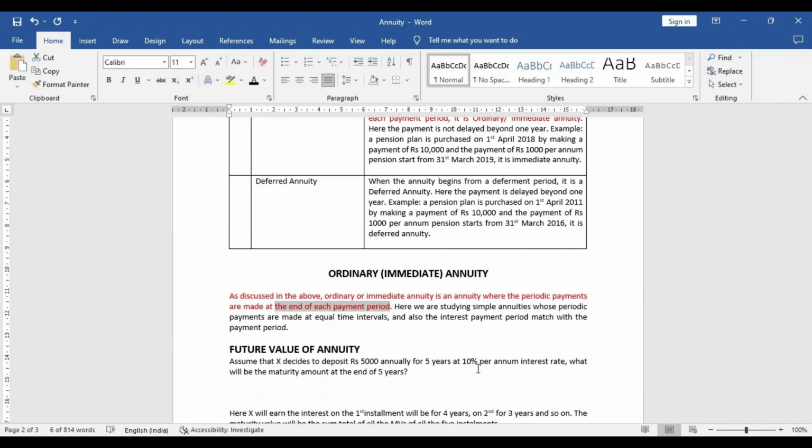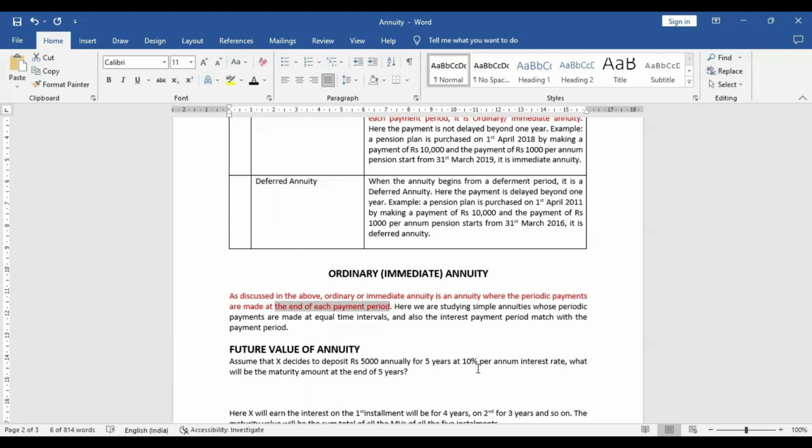Now, as you are aware, the ordinary annuity means that the payment will be made at the end of the period. That means the first installment or first deposit will be made at the end of the first year. That means this first year deposit will remain with the bank or any institution for the next 4 years, because the first year is already ended.